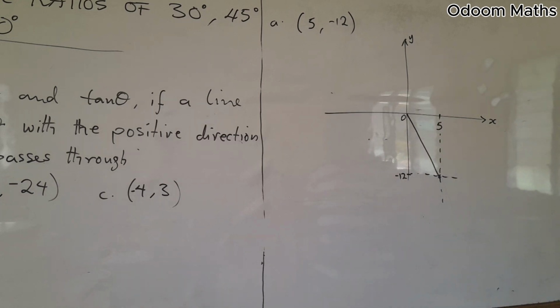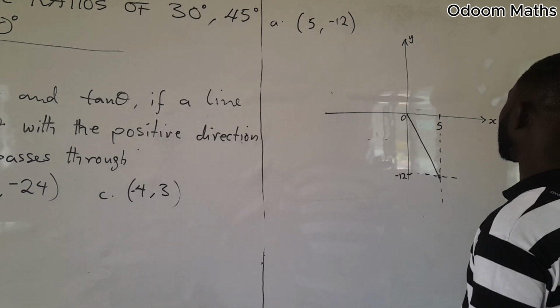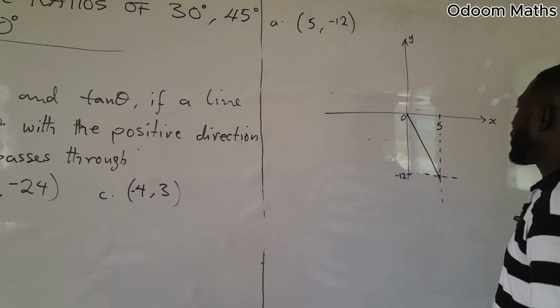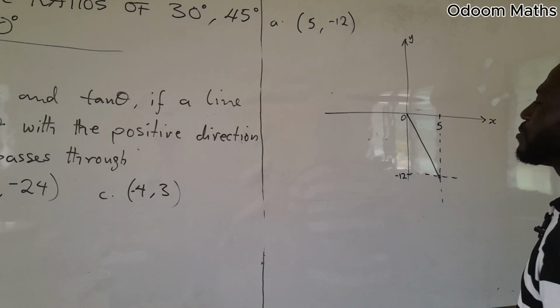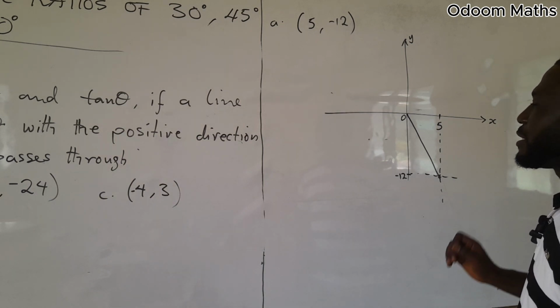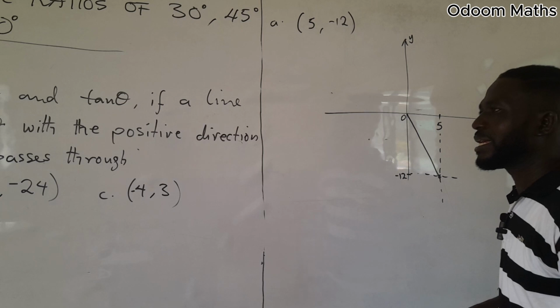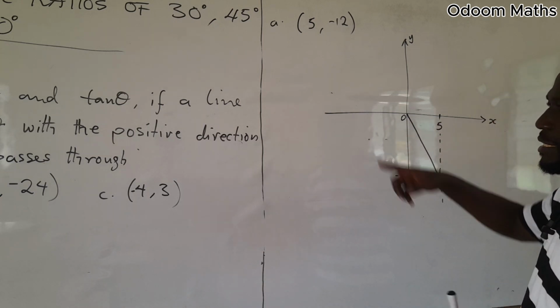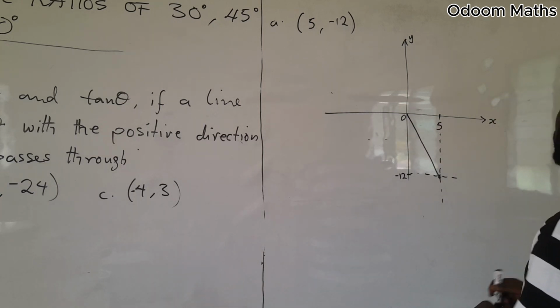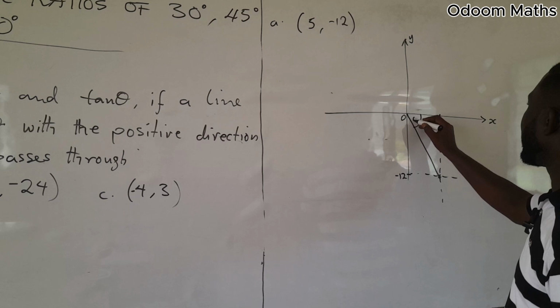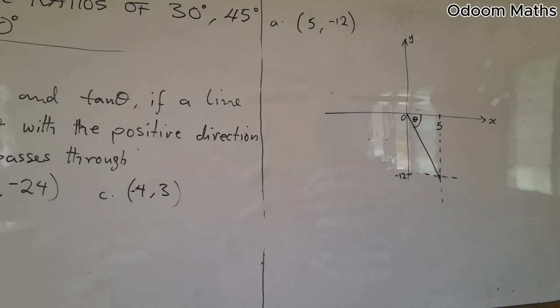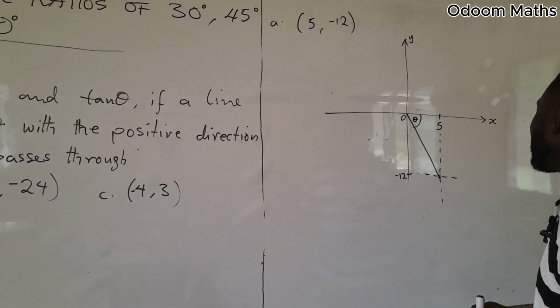Now the next thing, I am told to find sine theta, cos theta, and then tan theta of this. And please, the angle we are to concentrate on, the theta, should form with the x-axis. So let me put theta here.